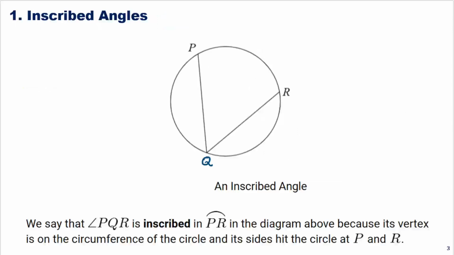Okay, first, let's have a look at the concept of inscribed angles. So suppose we have a circle here, points P, Q, R are on that circle.